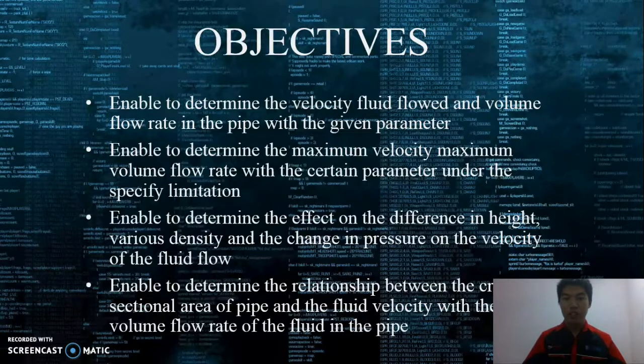That means the effect of changing variables, for example height or density, on the flow and the trend of the results. So we need to determine how it is affected. Lastly, the area will also change the volume flow rate result. So these are the four objectives we need to achieve in this report.